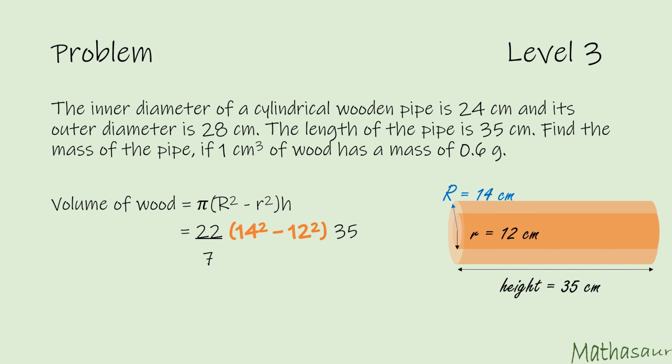Look at the bracket. Does it remind you of an algebraic identity? Yes, it is a square minus b square, which can also be written as a plus b times a minus b. Let us apply that. Wow, it makes our calculation easier. Let us simplify.